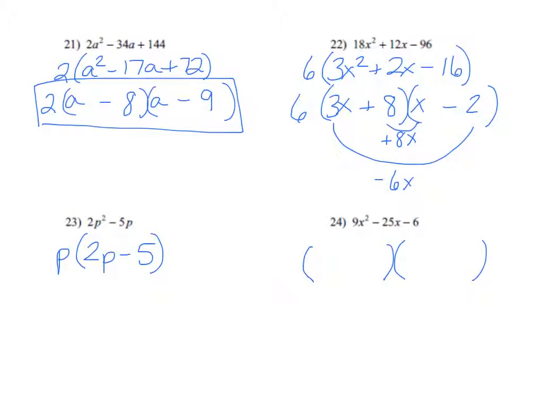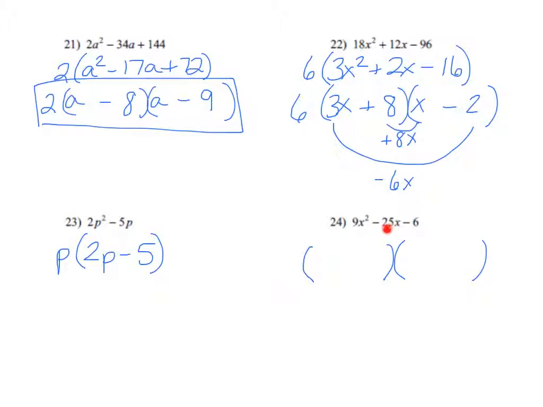Now, keep in mind that my signs are going to be different again. And if my signs are going to be different, I'm going to have one positive number and one negative number and somehow have that add up to a negative 25.